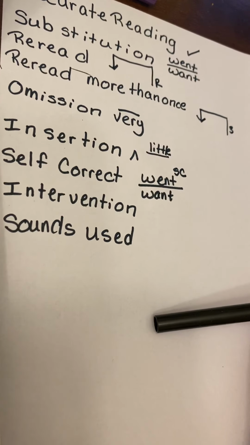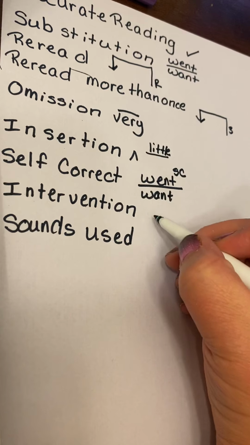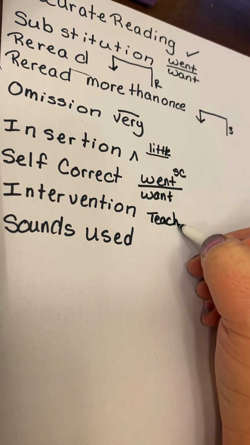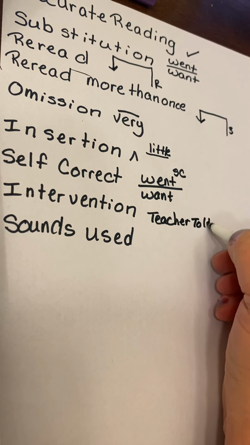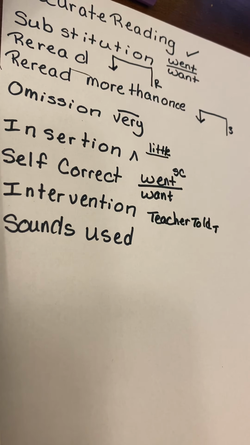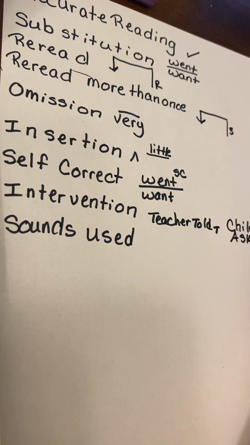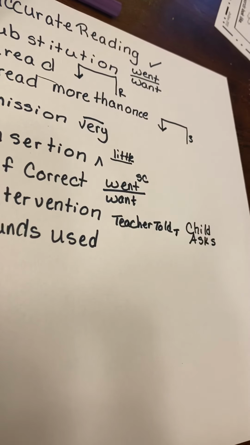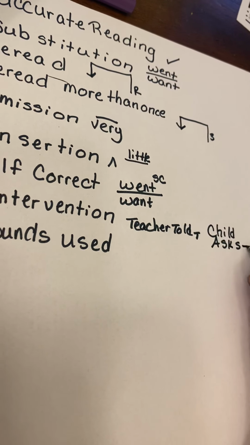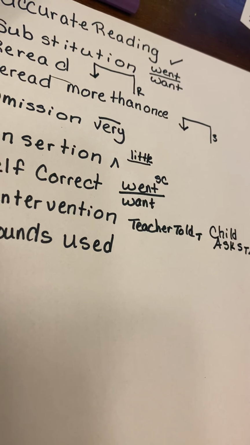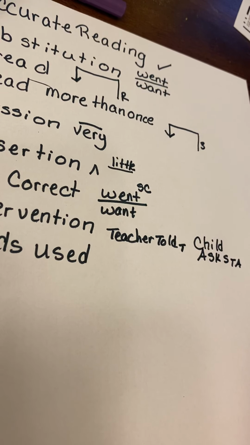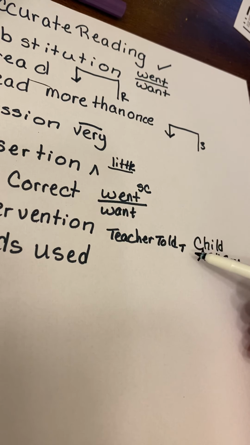If there was an intervention, if the teacher told them the word, you just put a T. If the child asks, you would put a TA, just so you can identify if there are long pauses and you keep prompting them, well, what do you hear?